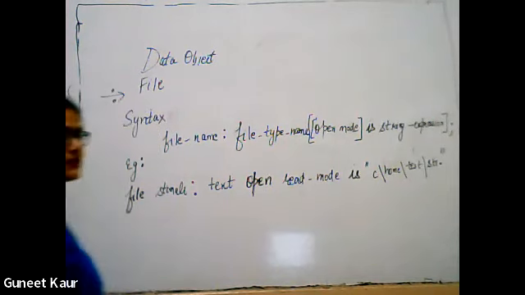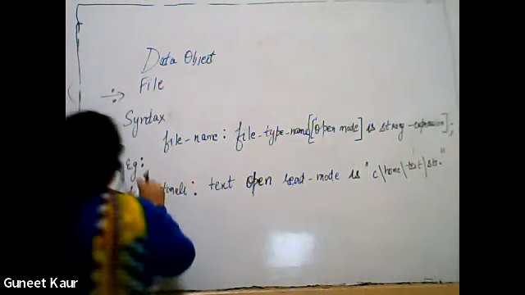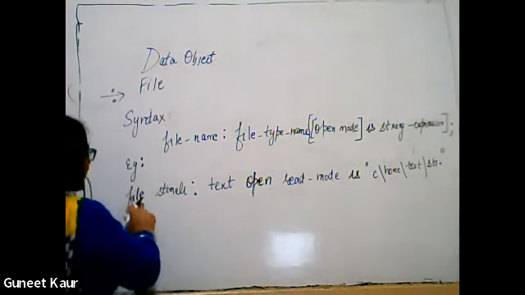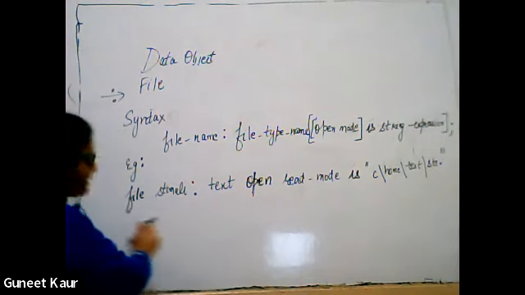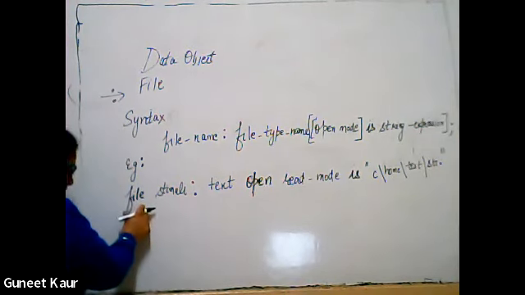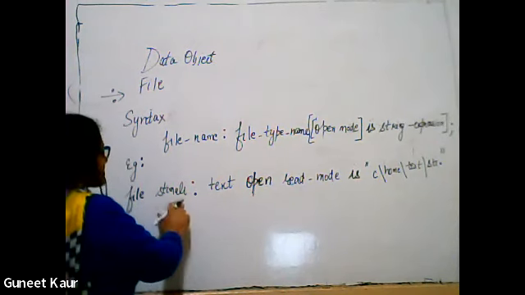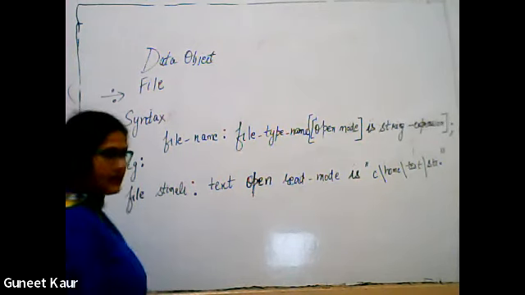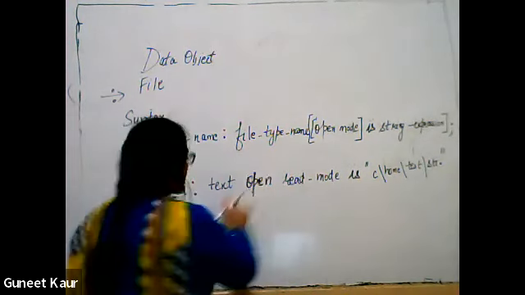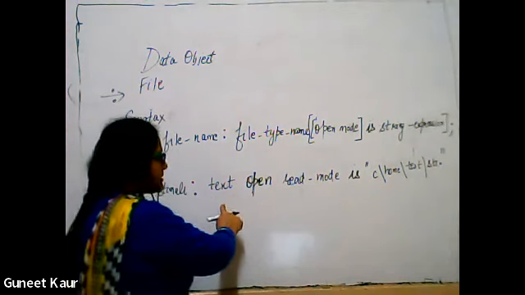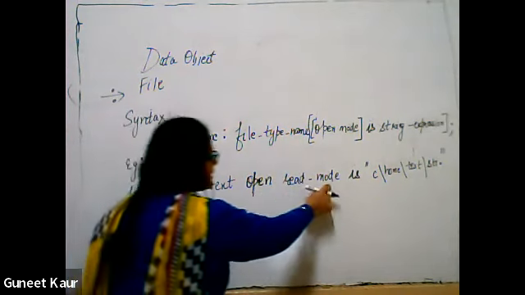Now come to the example. I have to write firstly the class of the data object, that is file, with the bold keyword. Then the file name is stimuli, colon, the file type name is text, then the mode is open, written as read mode.